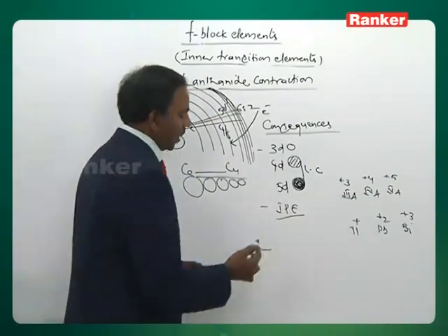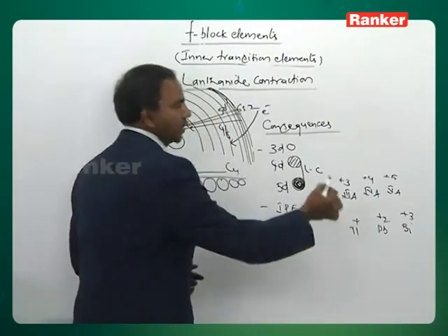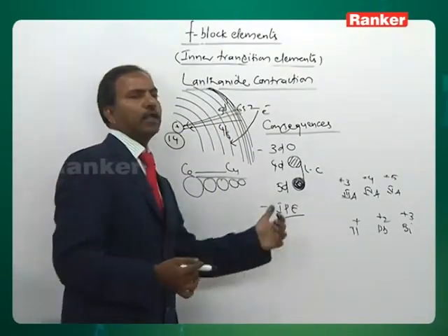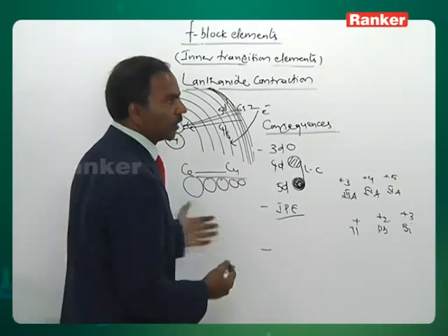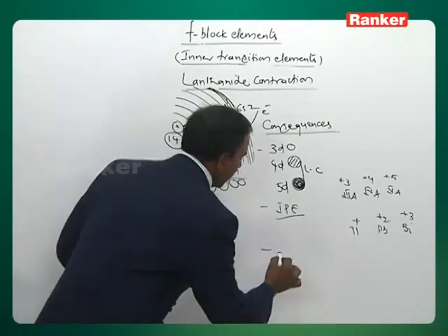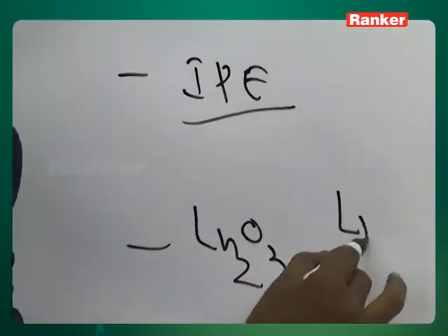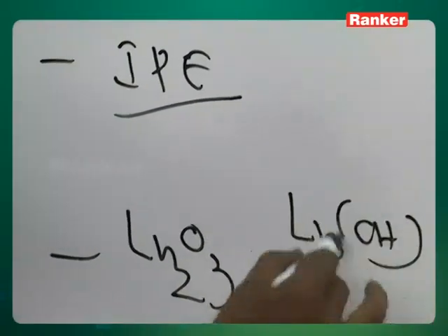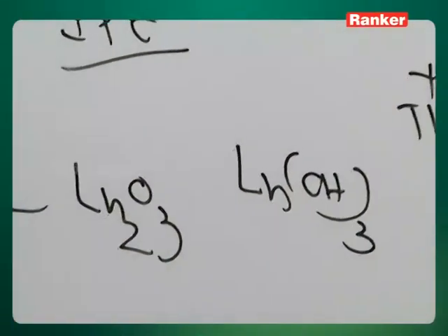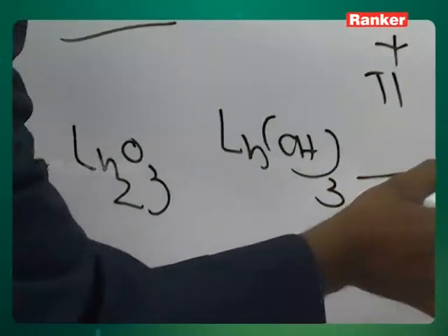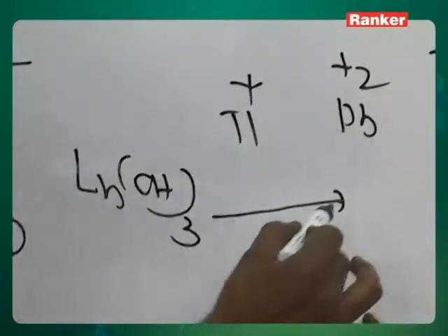Next. As we are saying, the atomic and ionic sizes are gradually decreasing. When there is a decrease in atomic and ionic sizes, consider lanthanide oxides and lanthanide hydroxides. Either way, from left to right, the basicity is decreasing.